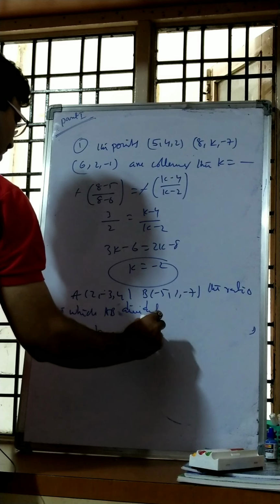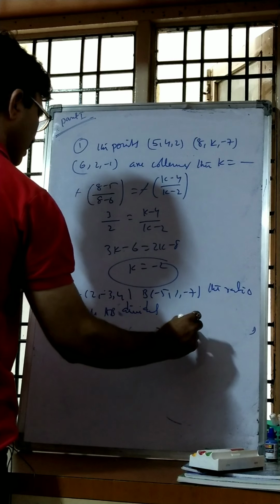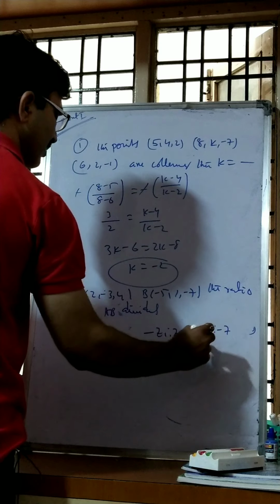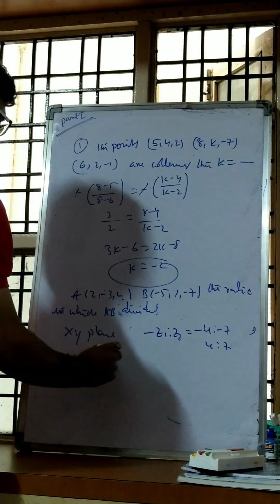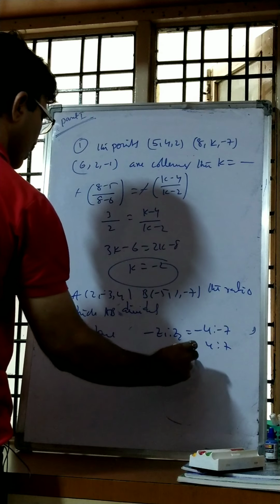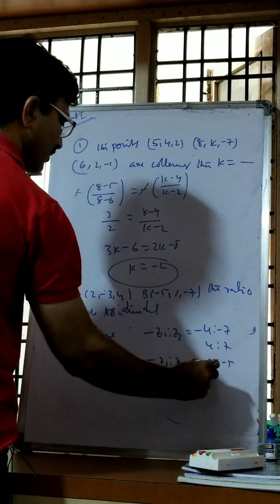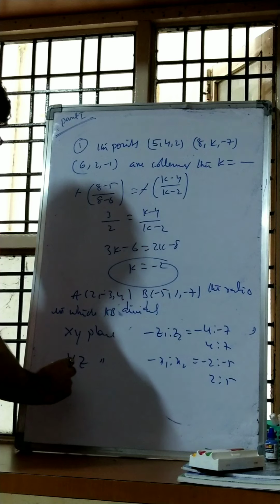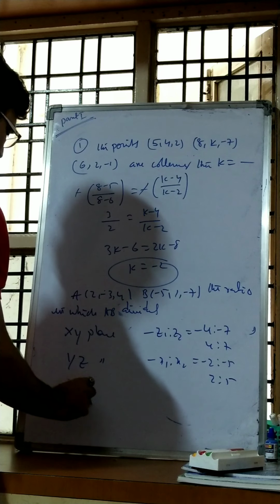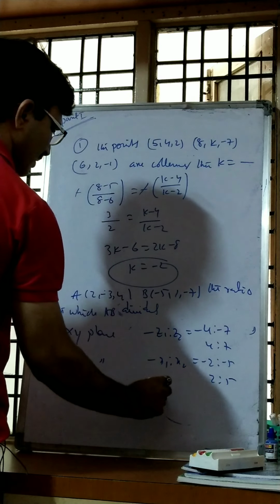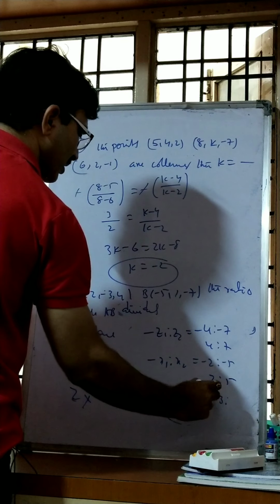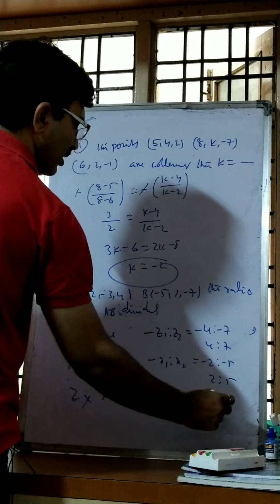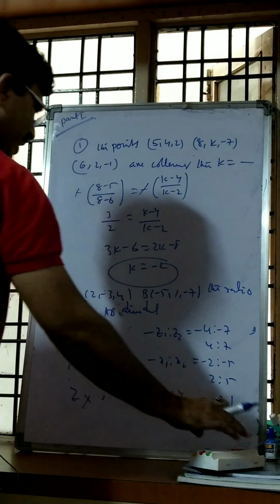Xy plane means minus z1 is to z2, that is minus 4 is to minus 7, that is 4 is to 7 you will get. Similarly yz plane, if I said minus x1 is to x2, that is minus 2 is to minus 5, 2 is to 5 you can say. And zx plane means minus y1 is to y2, minus 3 is to 1, minus of minus, plus 3 is to 1, like this we'll get. Ratio related, we did it.